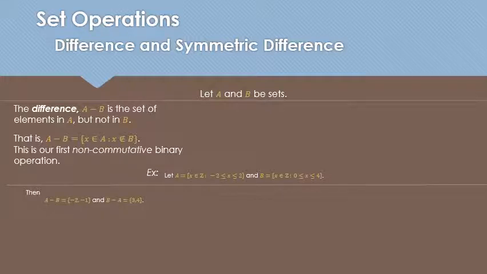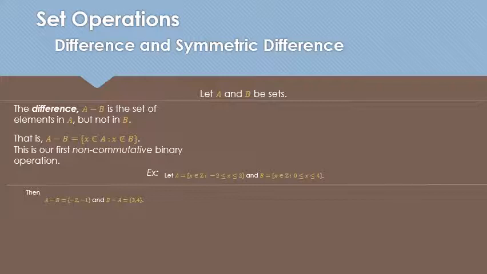So A minus B: A is the set of elements -2, -1, 0, 1, and 2. And if we take away all those elements that are in B, so 0, 1, 2, 3, and 4, what we're left with is just -2 and -1.